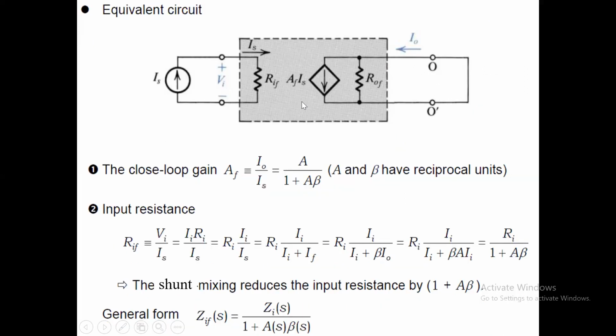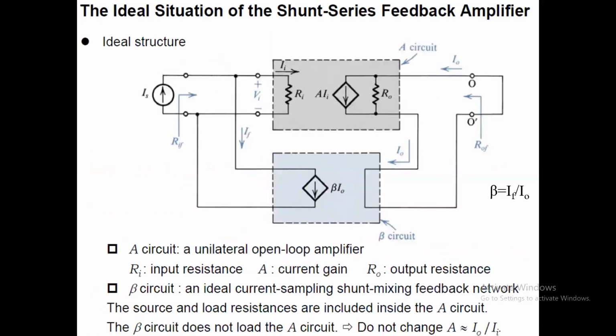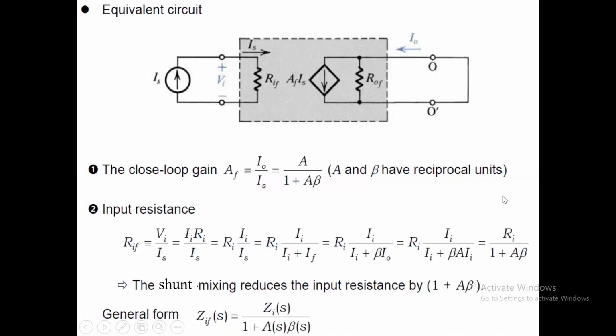So VI is equal to II RI divided by IS. IS can be written as II plus IF, IF can be replaced by beta I0, and I0 can be replaced by A into II because of the current amplifier in the earlier circuit. II is common and cancels, and we are left with RI by 1 plus A beta.